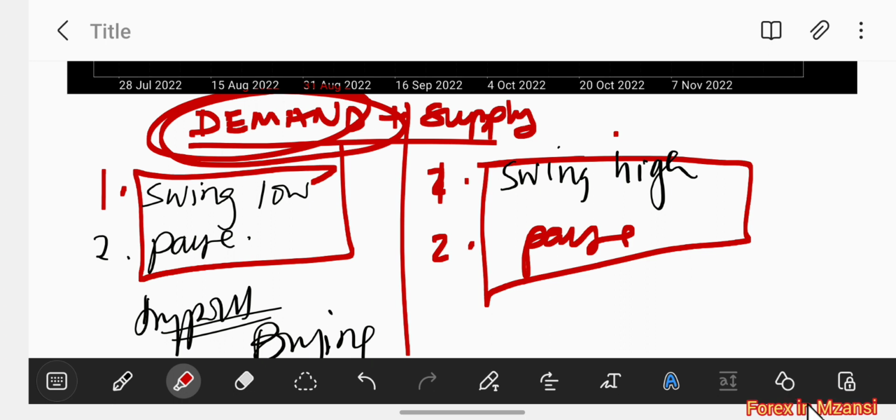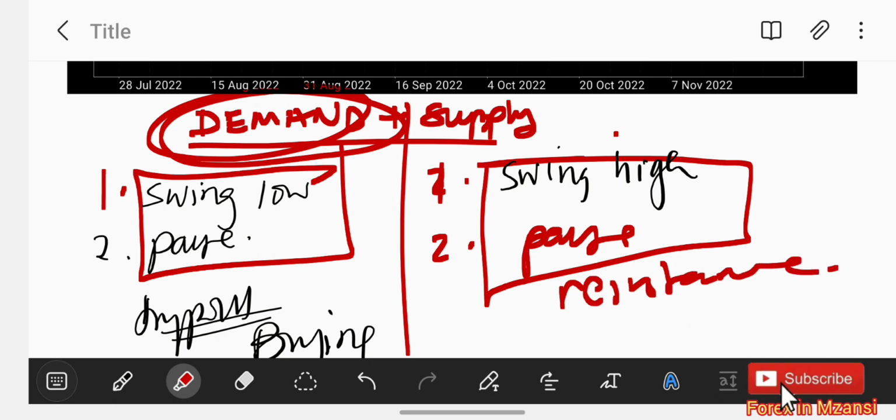When it comes to supply areas, when the price is moving to the downside and you're trying to sell, these are the areas where the price is most likely going to find resistance, which means it's going to struggle to move past it. This is the area of resistance. When you're moving towards it, you're going to struggle to reach the other side.